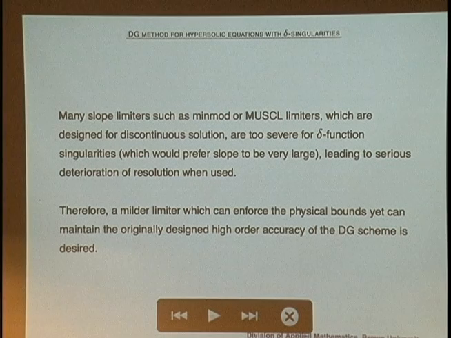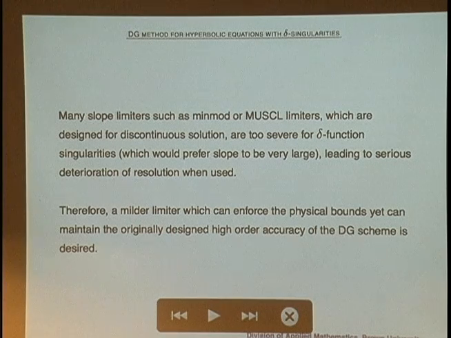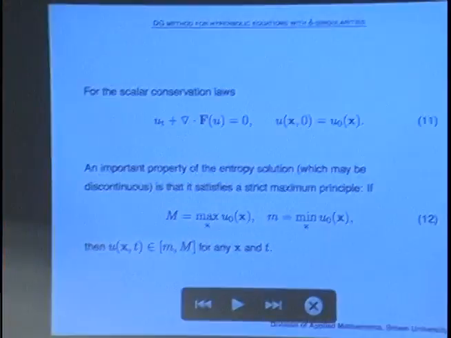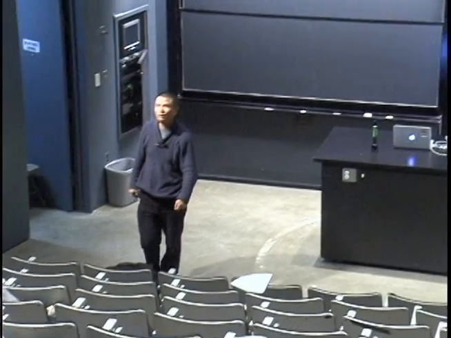So that's not a good idea. You want to use a much milder, much weaker limiter, but still it has to do the job. So this is a work, an independent work done with Xiangxiong Zhang. By the way, I probably forgot to mention that, but their names were on the first page of the slides. So this is joint work with three people.